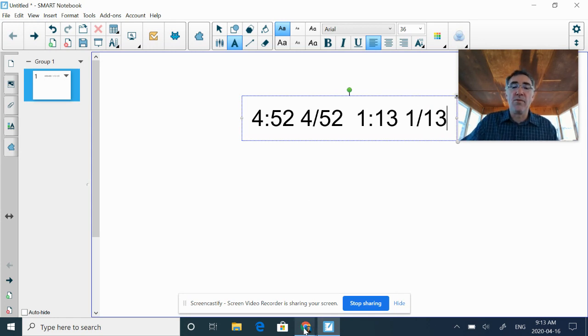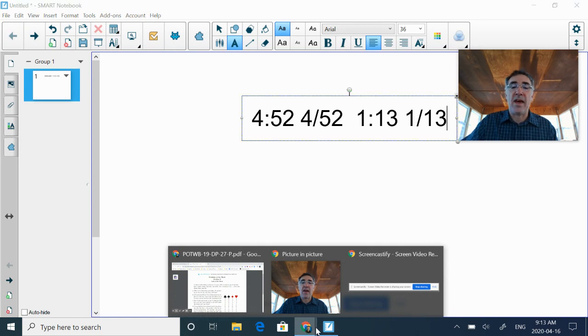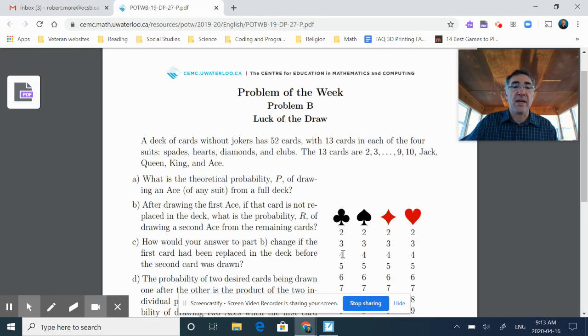And so I move on to my next question, B, and it says after drawing the first ace, if that card is not replaced in the deck, what is the probability, R, of drawing a second ace from the remaining cards? And we're putting R in there just to differentiate between the two answers that we have here.